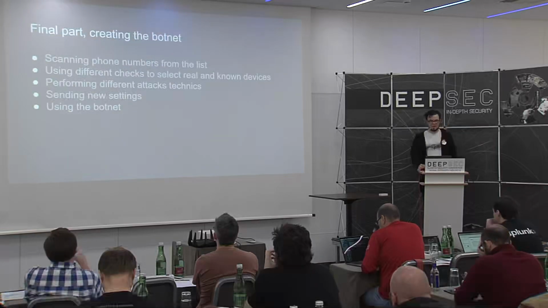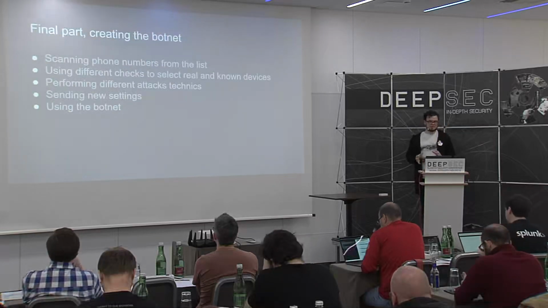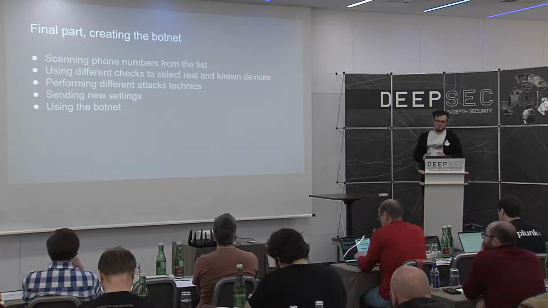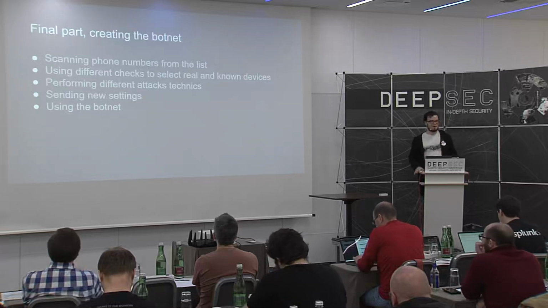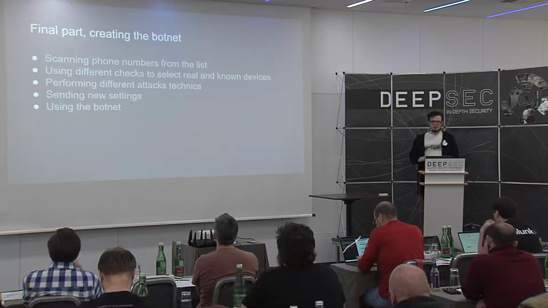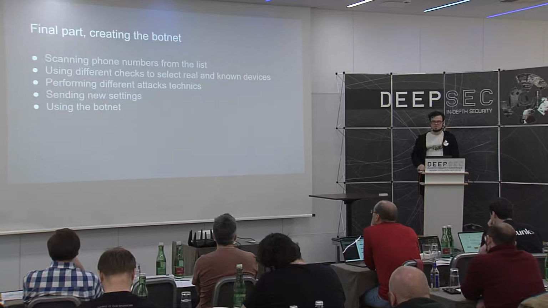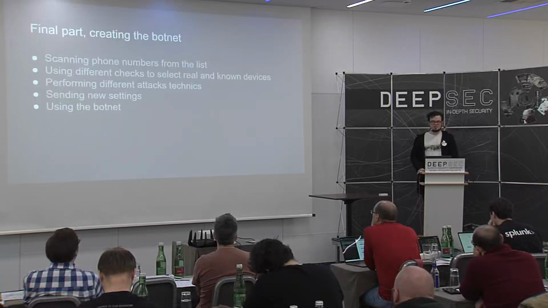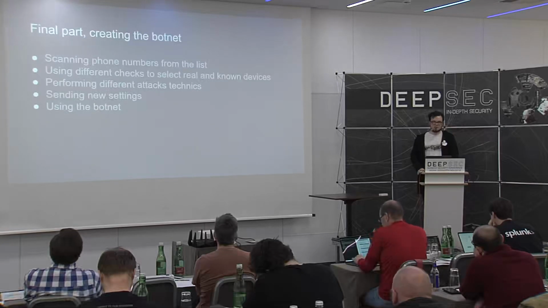And now we will try to create a botnet, theoretically. Firstly, we collect information about phone numbers. We remove a lot of phone numbers which are not used for the devices. Now we have maybe several thousand phone numbers, maybe several million.